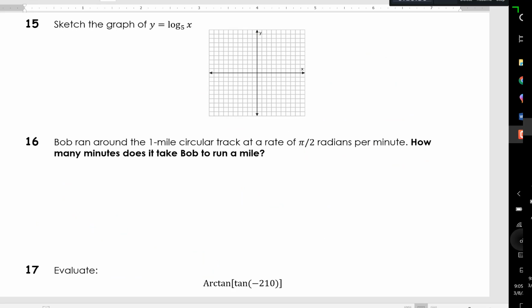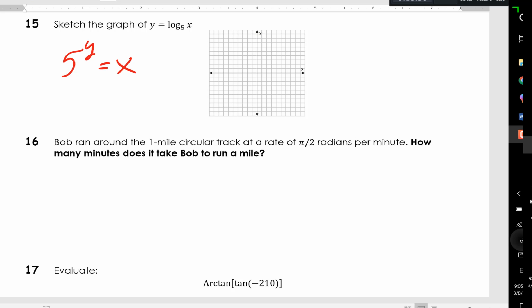Okay, so we want to sketch the graph of y equals log base 5 of x. To graph a log function, I usually just change it to exponential notation. So 5 to the y equals x. That's how you would change that equation to an exponential equation: base to the power equals number.